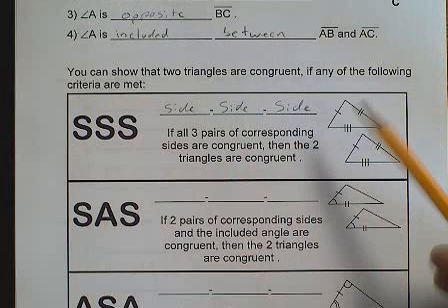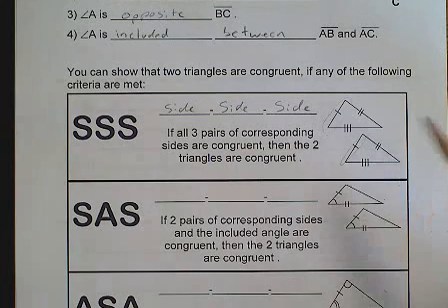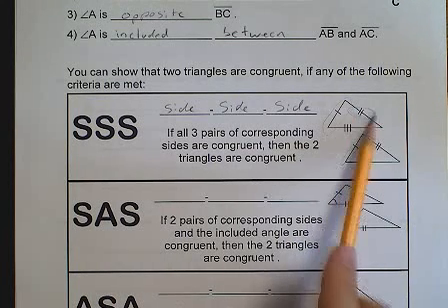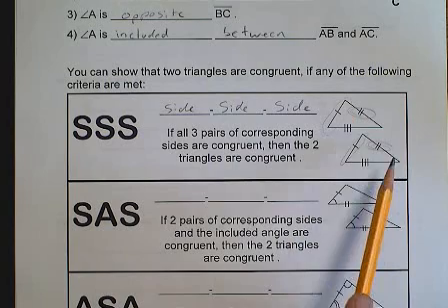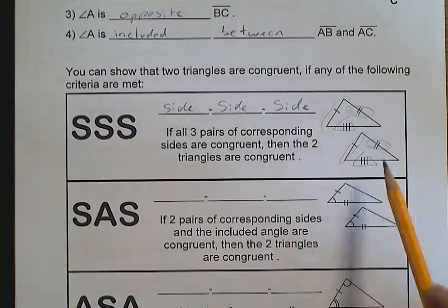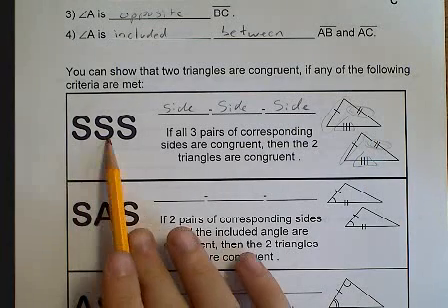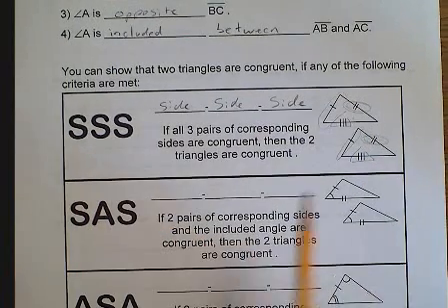So I've got this side that's congruent to that side. This side is congruent to that side. And that side is congruent to that side. So, by side, side, side, these two triangles are congruent.